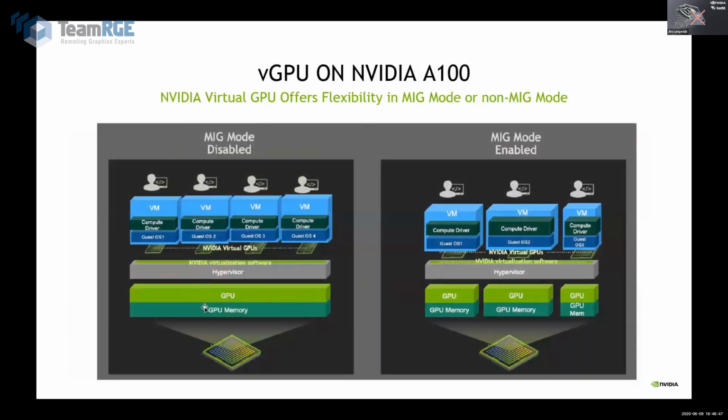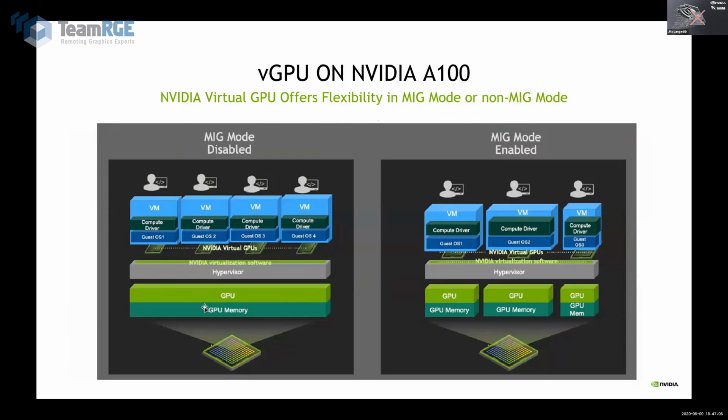So back to the original question: how does this relate to NVIDIA Virtual GPU and flexibility with MIG mode? To the left, we see MIG mode disabled. This is how we used to know vGPU, and this is more or less time sliced.